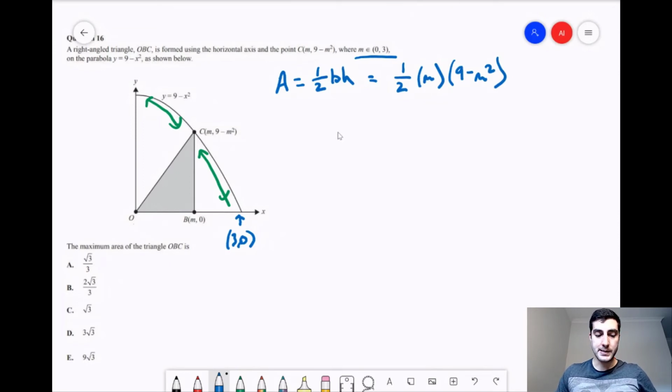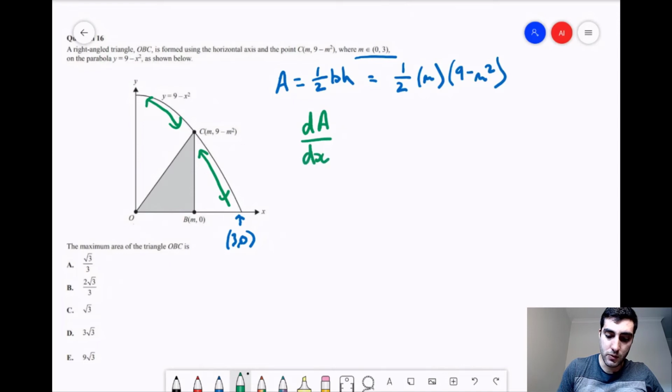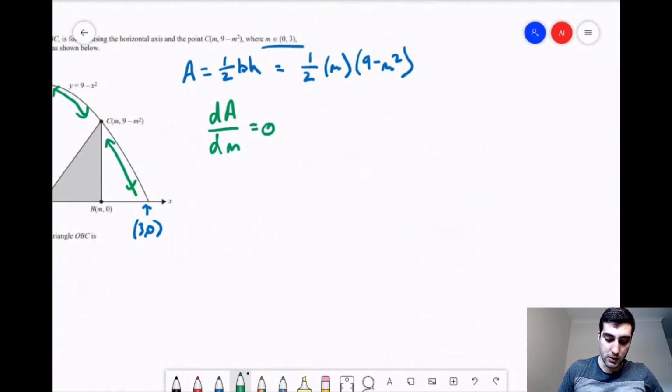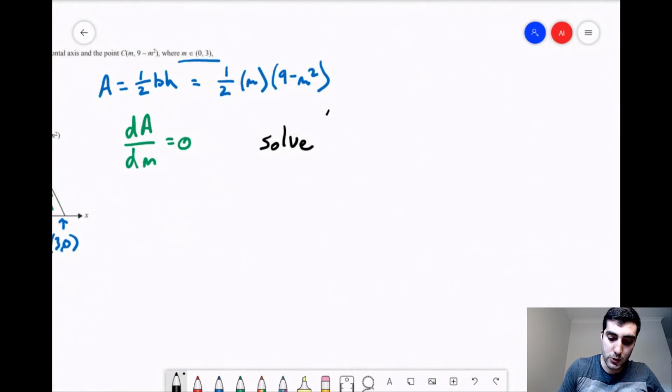Now, in terms of maximizing this area, hopefully you guys hear the word maximum and you think of stationary points. So this maximum can be found when the derivative of the area with respect to m is equal to 0. So on our calcs, we can solve for the derivative of this above expression, equate that with 0, and that should give us a point m.